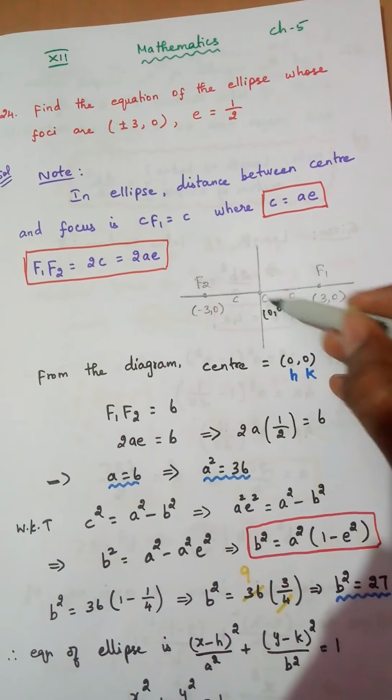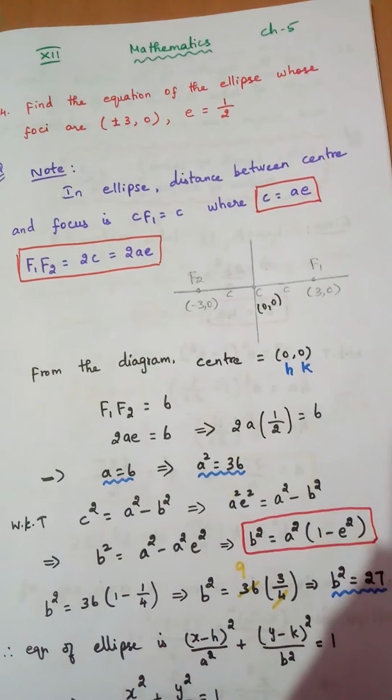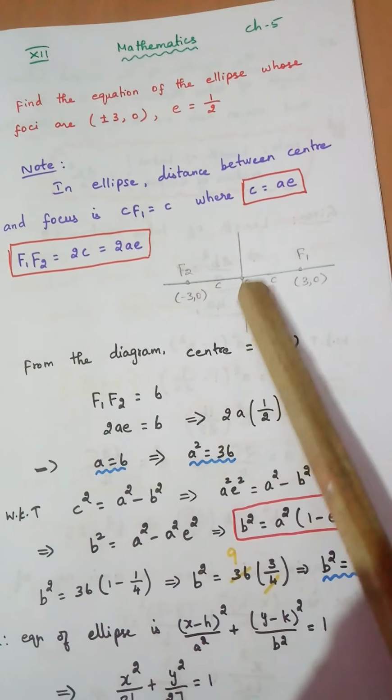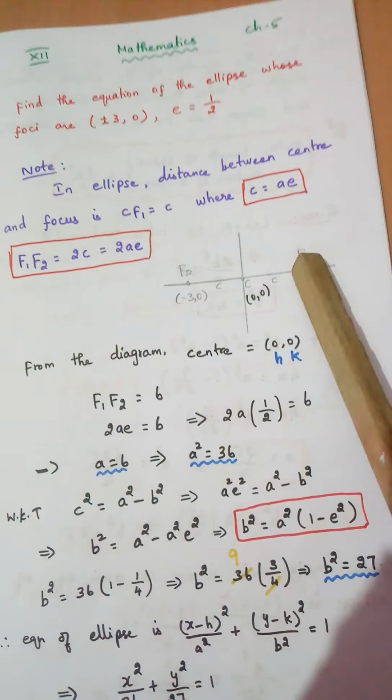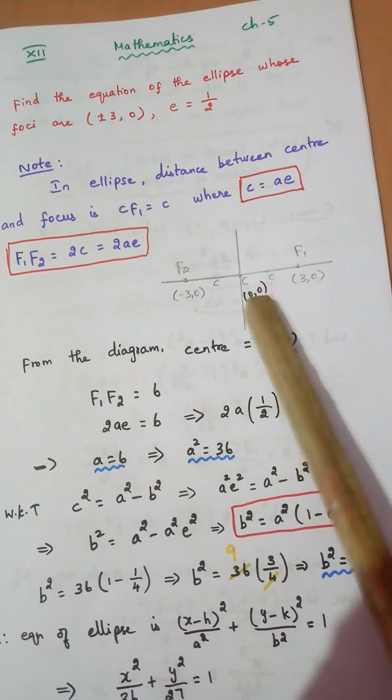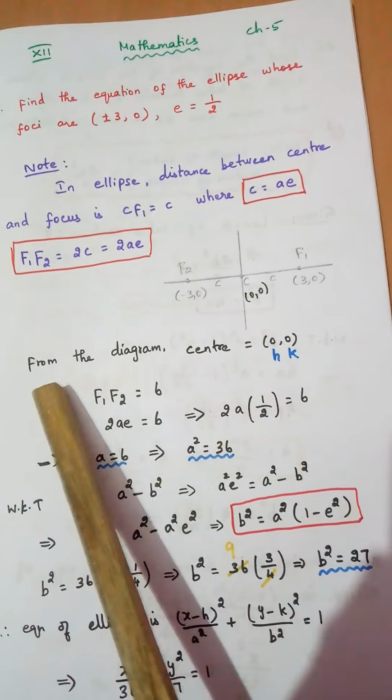Therefore the center is 0, 0. So from the diagram itself, we can easily find the center. Center is nothing but the midpoint of two foci. So that is what I am writing from the diagram.